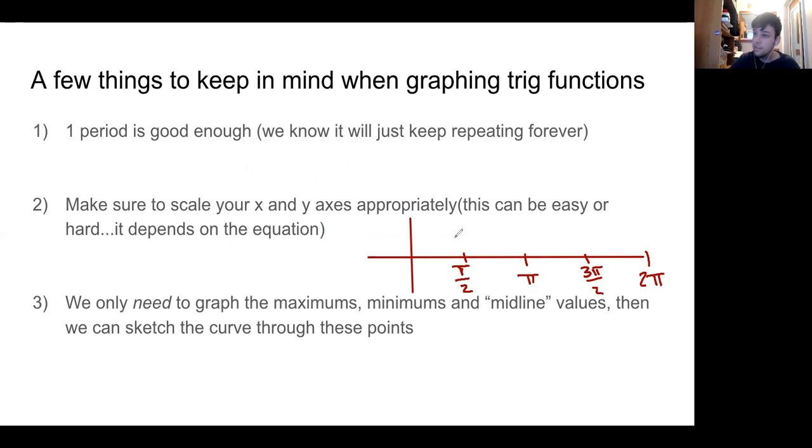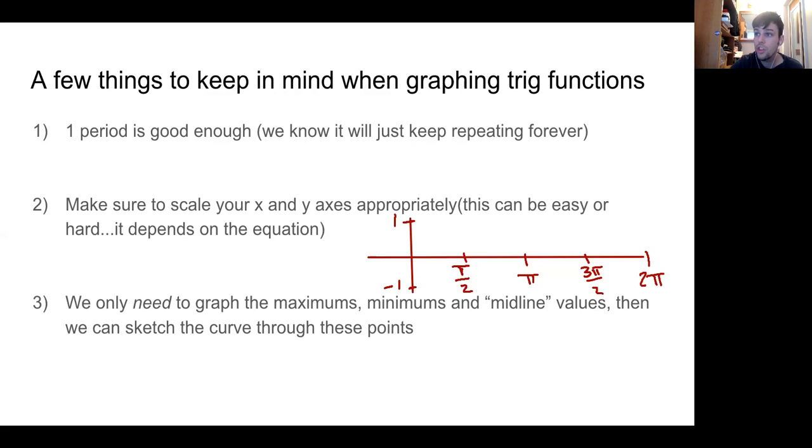If we can use this for the x-axis, great. Super easy. Not much to even really think about. And same with the y-axis. If our y-axis is just 1 to -1, again, super easy. We don't have to do much thinking about it. This is kind of the standard, but there are many things we can change about the graph that will affect the scaling, and we've got to be careful about that.